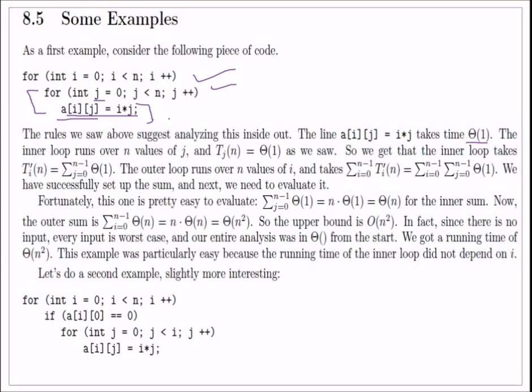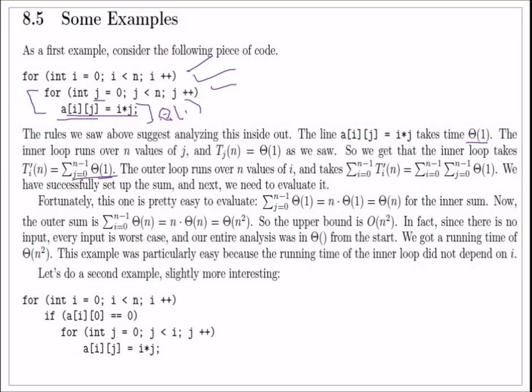This line will take theta 1, and this will run n times. So how many times does this inner loop run? Theta 1 and summation from 0 to n minus 1, that is theta n. And then this loop will run again on this.